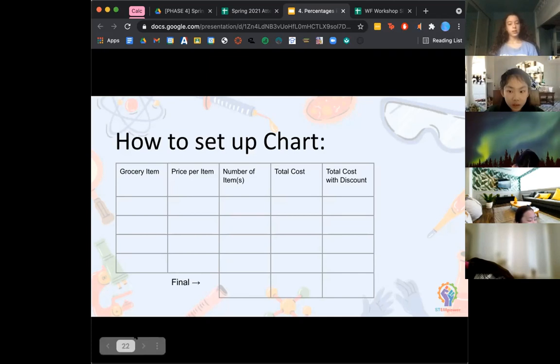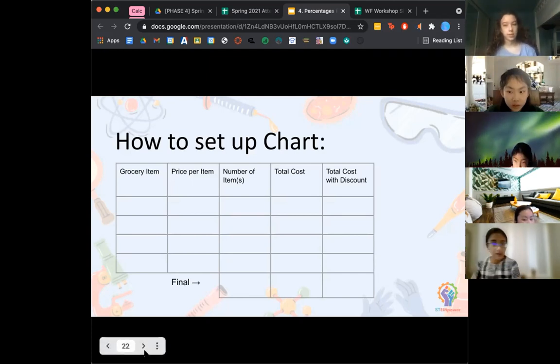Okay, I'm gonna go on to the next step and then I'll come back to this chart later if you still need it. Okay? All right.